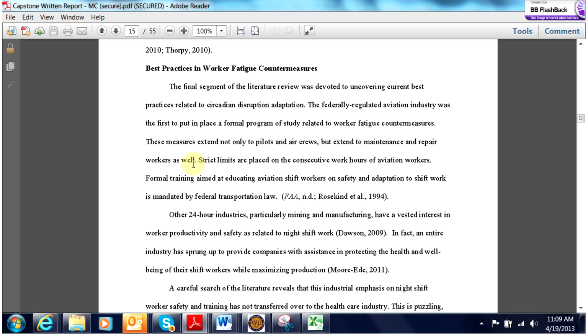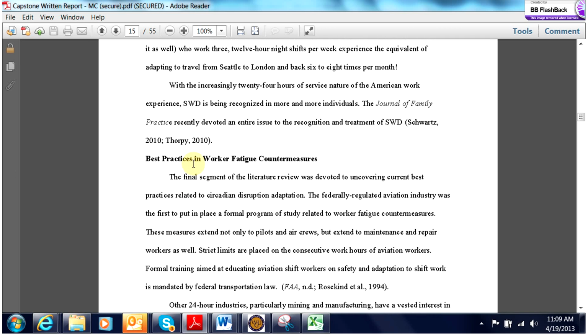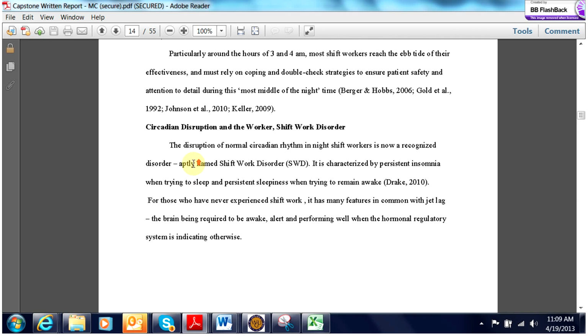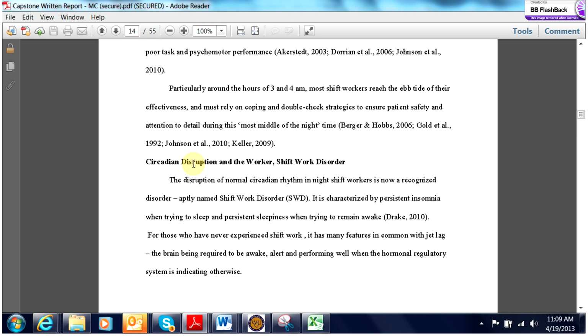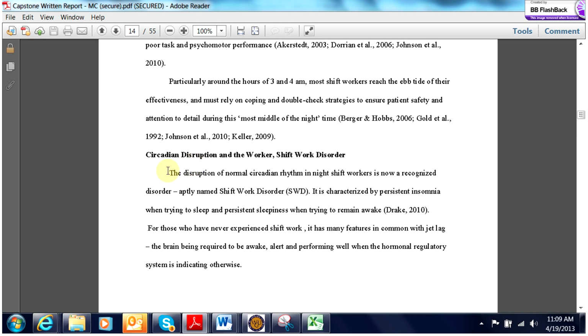I want to go back and do one thing here and show you how you present in-text citation. I'm going to use one of Mary's examples. So under disruption, shift work disorder, she says that this is characterized by persistent insomnia, trying to sleep, persistent sleepiness when trying to remain awake. And she uses an in-text citation of Drake. That is saying this is what Drake said.